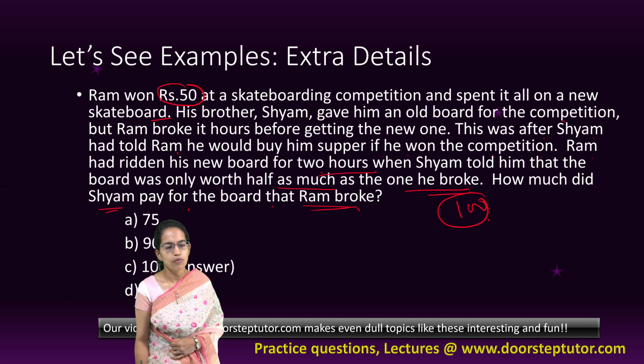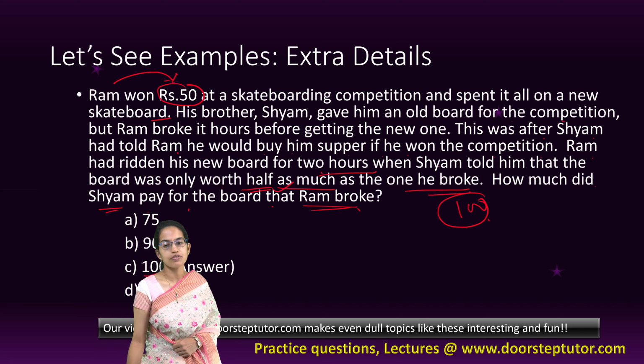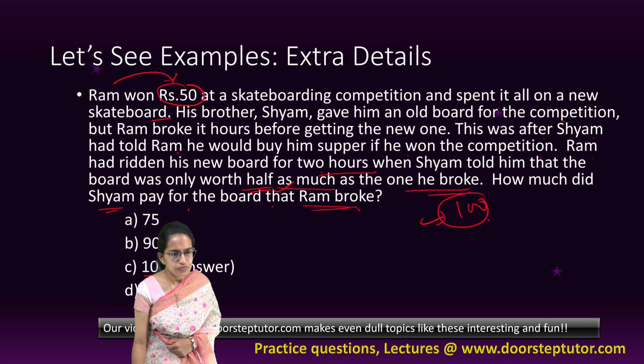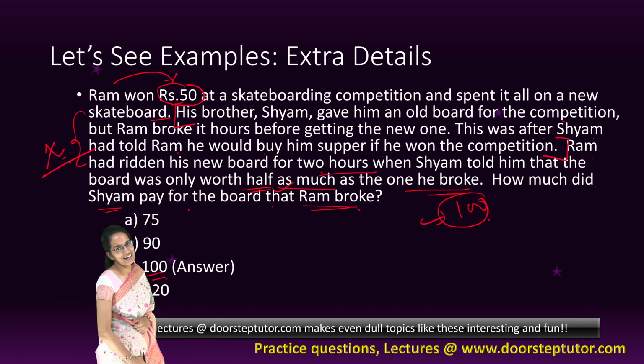So Sham paid how much? 100 rupees, because Ram had paid 50 rupees for the new one, but that was half the worth of the original one which Sham had given him, and that's 100. Now what is the extra detail? From the second sentence till the fourth sentence, everything is extra and not important while attempting your question.